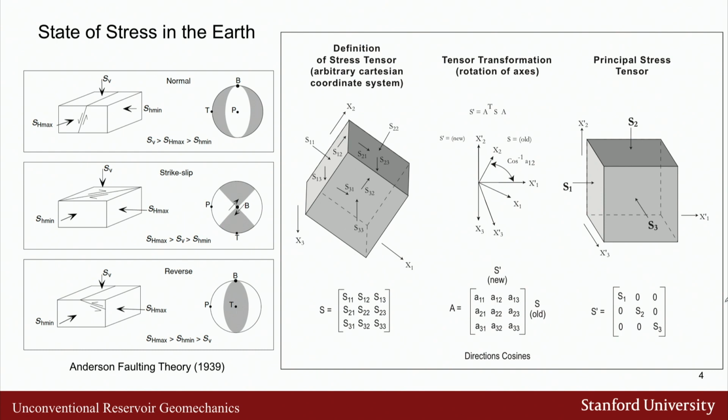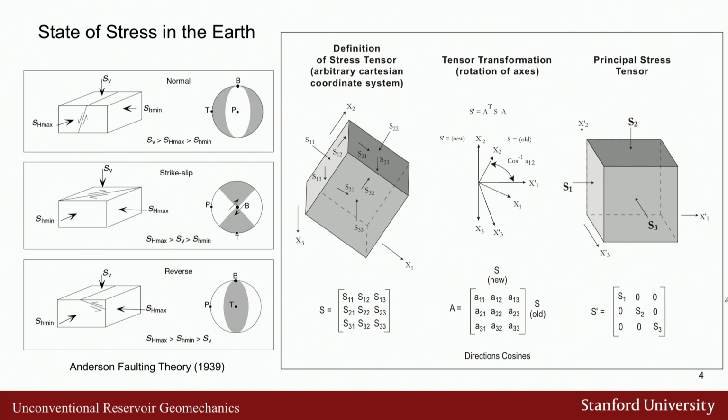And therefore, what we find is it's very convenient and almost always exactly the case, or nearly exactly the case, that one principal stress is vertical and two are horizontal, depending on which one is S1, S2, and S3. S1 is the largest stress, so when the intermediate stress S2 is vertical, that would correspond to the strike-slip case that we see on the left side.